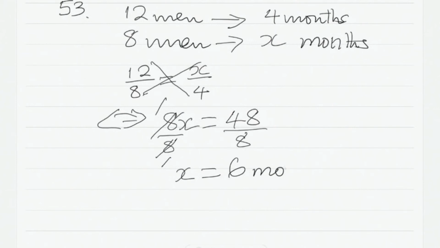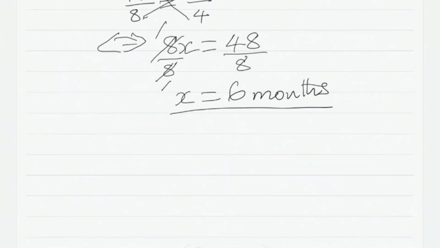So the x is going to be equivalent to 6 months, meaning 8 men will not finish in 4 months because they are less than the 12 men. So since they are 8, it means even the days will go up, meaning they will increase. So for them to finish at the same rate, 8 men will take 6 months.